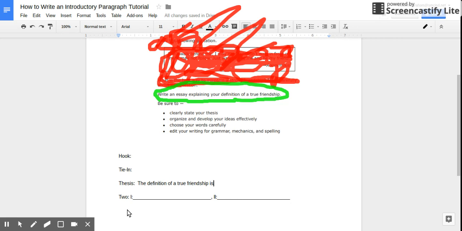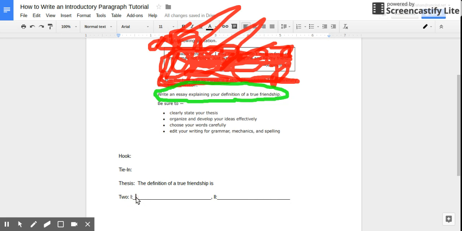Reason being is that whatever you determine the definition of a true friendship is actually become your body 1 and your body 2 paragraphs. So real quick, think to yourself, what are 2 definitions that exemplify friendship? What are 2 things that you look for in a best friend?